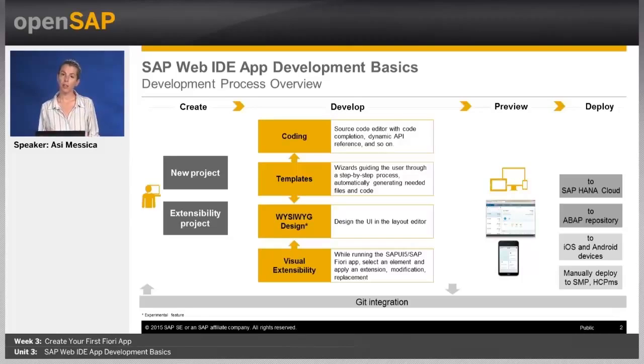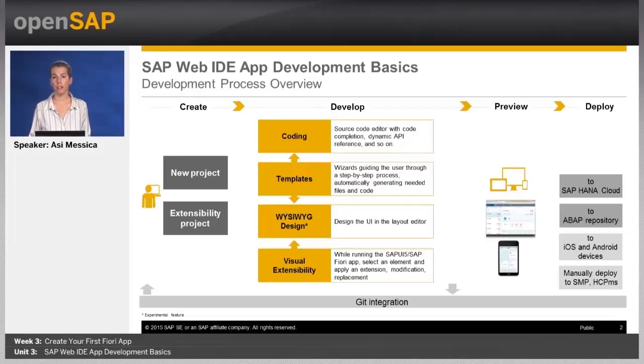When you're happy with the application you created, you can deploy it to different SAP environments. The deployment is also part of the development process, and we provide integrated deployment to various environments, and we add new environments with time, so stay tuned. The focus for this course is the deployment to SAP HANA Cloud Platform and to the ABAP repository on-premise.